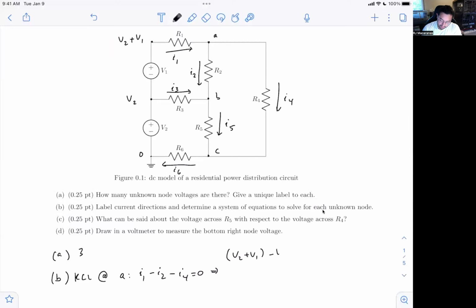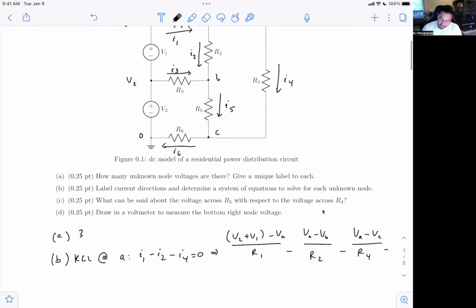And then on the right, we've got VA going through R1. And for I2, we're going from VA to VB. So I've got VA minus VB divided by R2. And then in a similar fashion, I4 is VA minus VC divided by R4, and that will sum to 0.